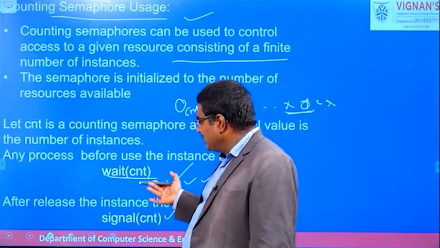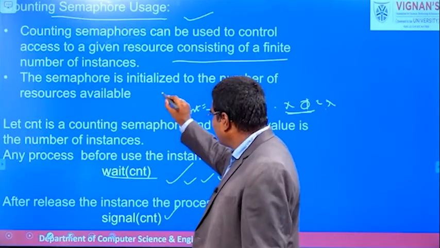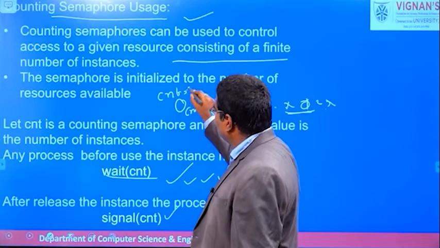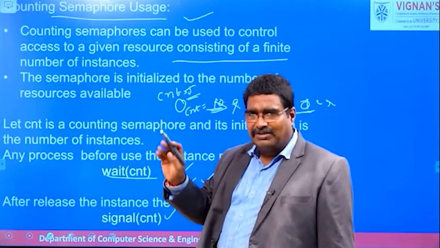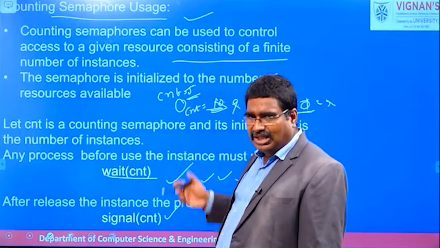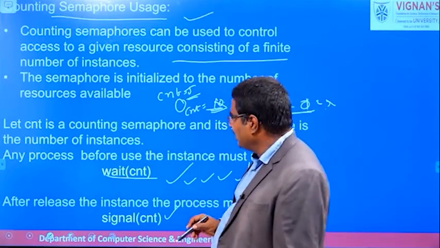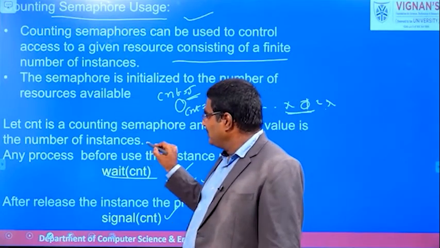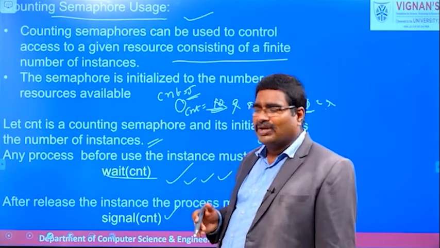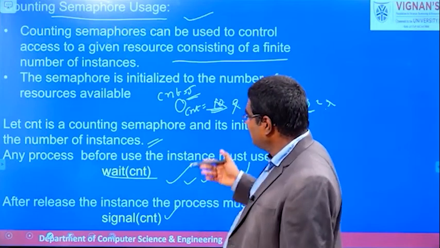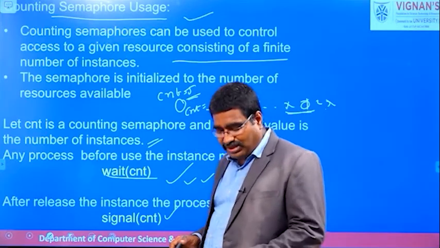At some time, if the CNT value is equal to 5, it indicates that 5 instances are available in the system and the remaining 5 are allocated to different processes. So the counting semaphore simply indicates how many resources are available at that particular time. This is the usage of the counting semaphore.